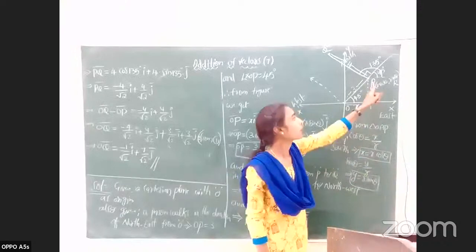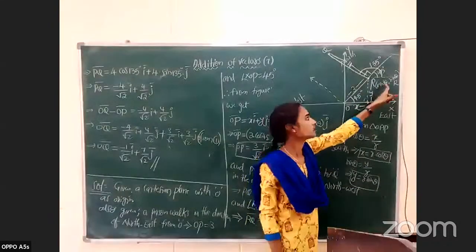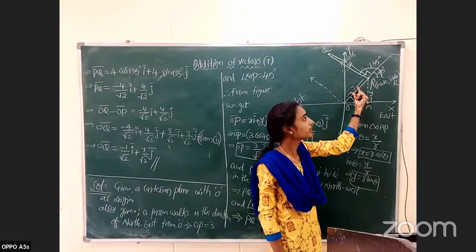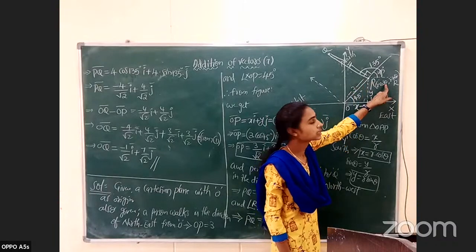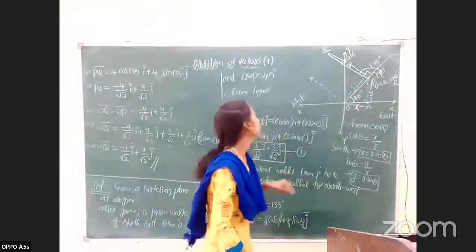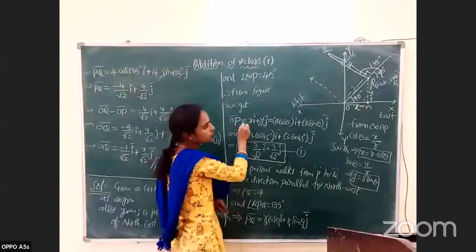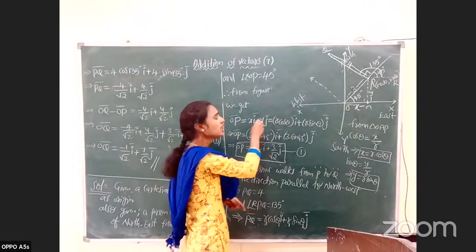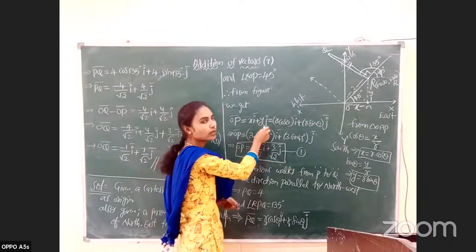So we get the point P as (r cos theta, r sin theta), where r is the magnitude of the vector and theta is the angle made by this vector with the positive x-axis. Therefore, if P is the point (x, y), then the vector OP is xi plus yj.